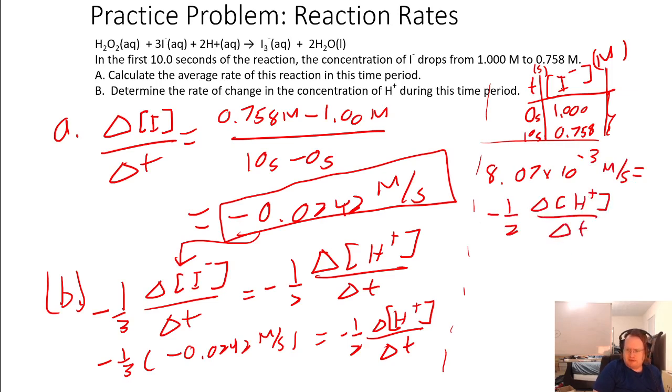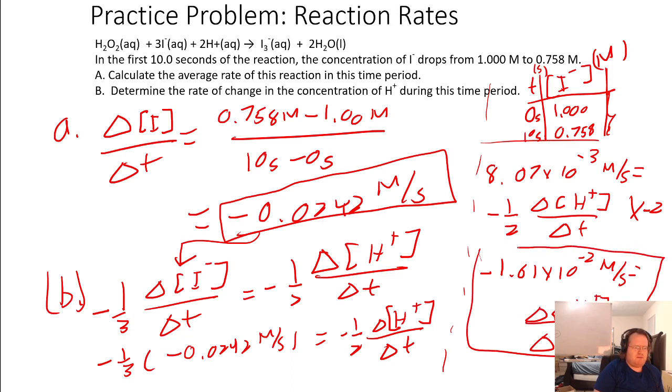Now I multiply both sides by negative 2, which will get rid of this fraction. When I do that, I'm going to have negative 1.61 times 10 to the negative 2 molar per second as my rate of change for H plus. And that is what we were looking for, so that will answer part B.